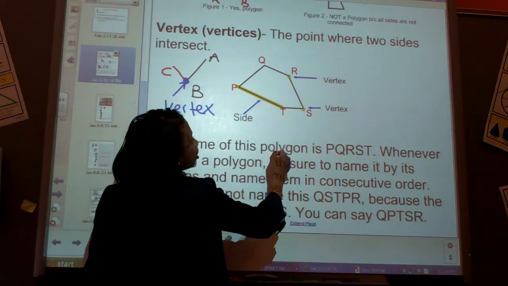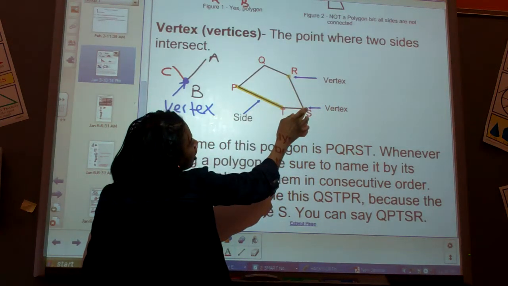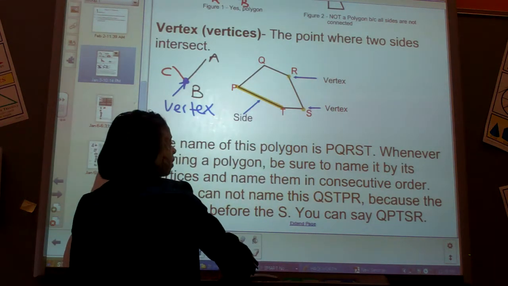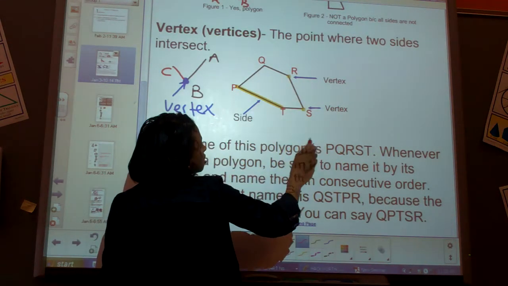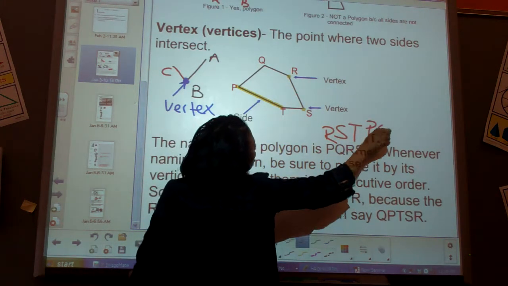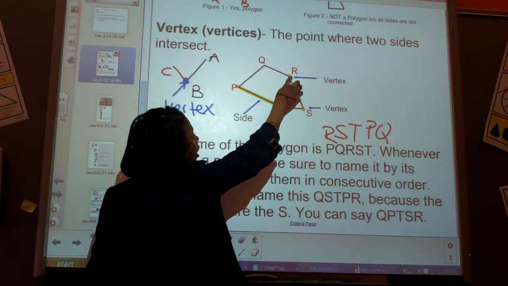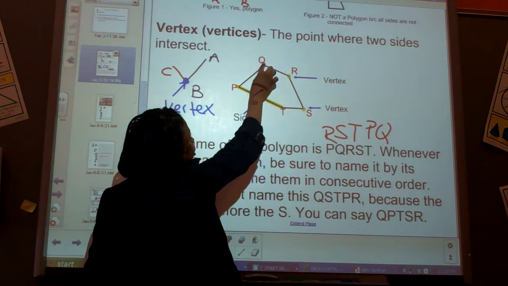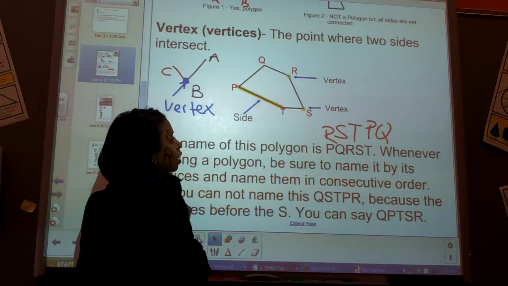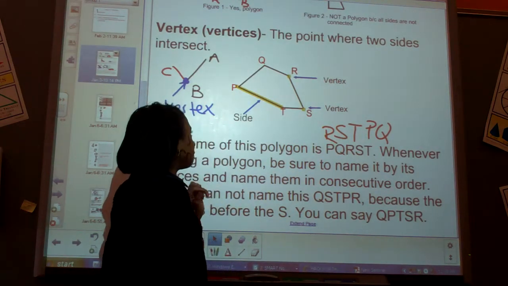I could have started here at R and called this R, S, T, P, Q. I'll say that again. I could have also named this R, S, T, P, Q. I still went in consecutive order. Remember, I called it by the vertices. That's another way I could have named this particular polygon.